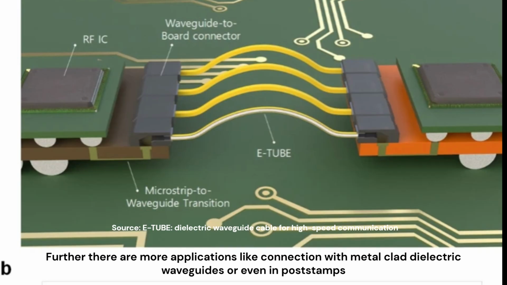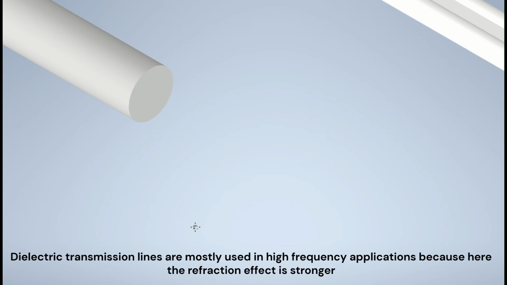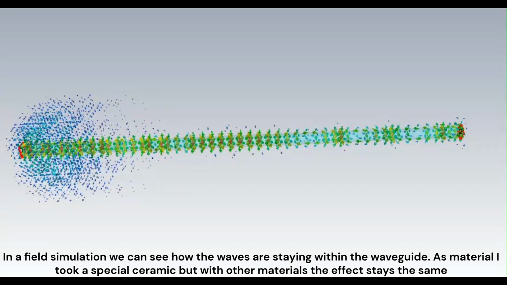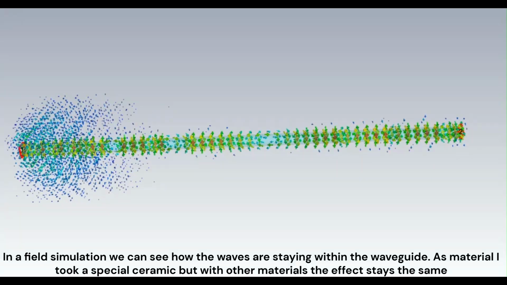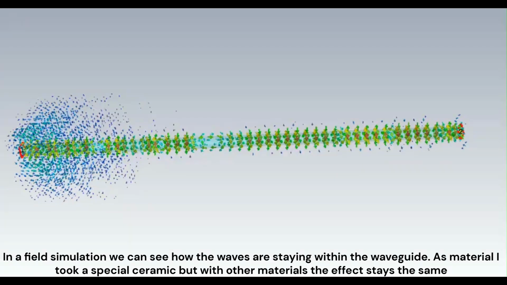Further, there are more applications, like connecting with metal-clad dielectric waveguides or even in post stems, as I found out. Dielectric transmission lines are mostly used in high-frequency applications because here the refraction effect is stronger. In a field simulation, we can see how the waves are staying within the waveguide. As material, I took a special ceramic, but with other materials, the effect stays the same.